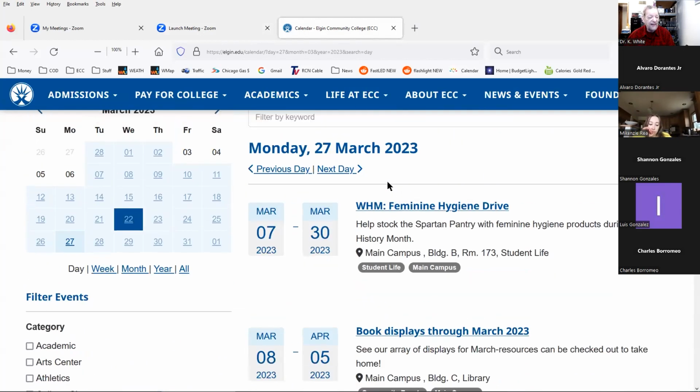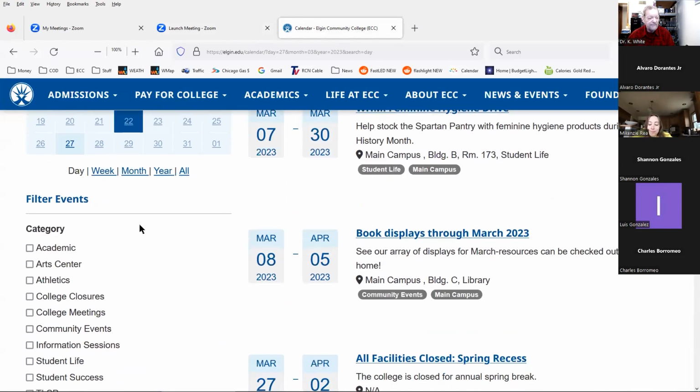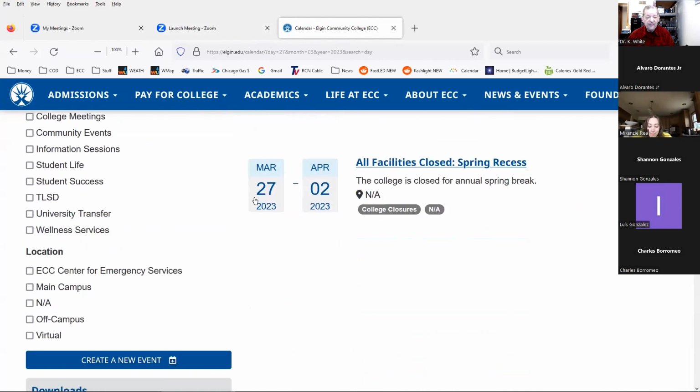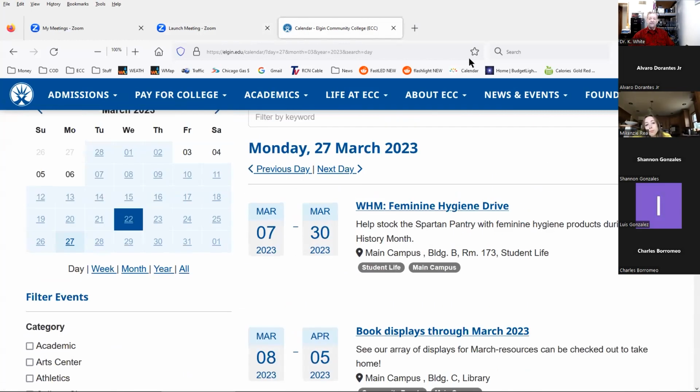If you look at the academic calendar, it says March 27th through April 2nd, all facilities closed, spring recess, or really spring break, which means this week, next week, Monday through Sunday, the school's closed. And what that means is we will have no lectures.